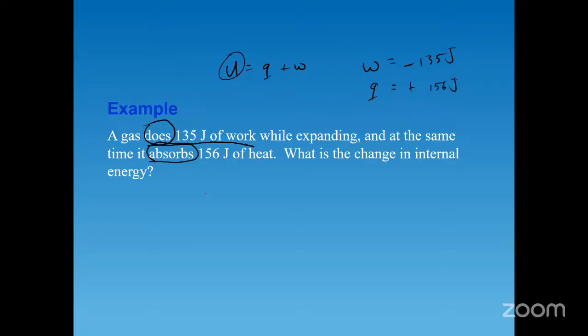So therefore, ΔU would be equal to Q, which is plus 156 joules, plus minus 135 joules. And that's it. So 156 minus 135. According to my calculations, this works out to be equal to 21 joules.